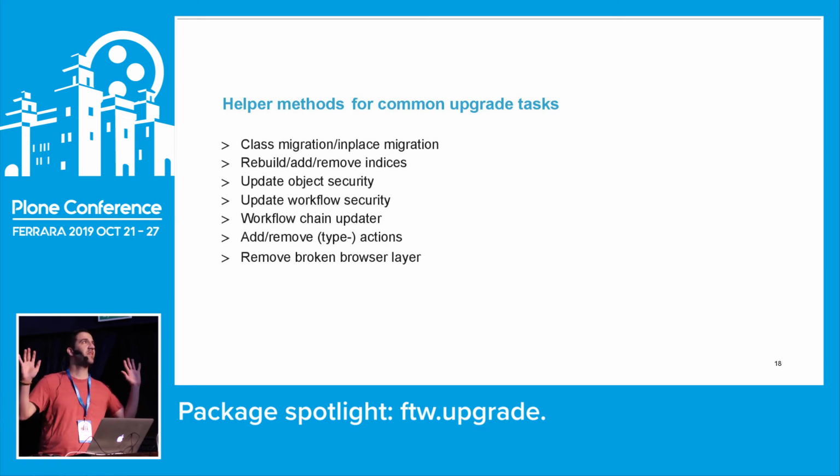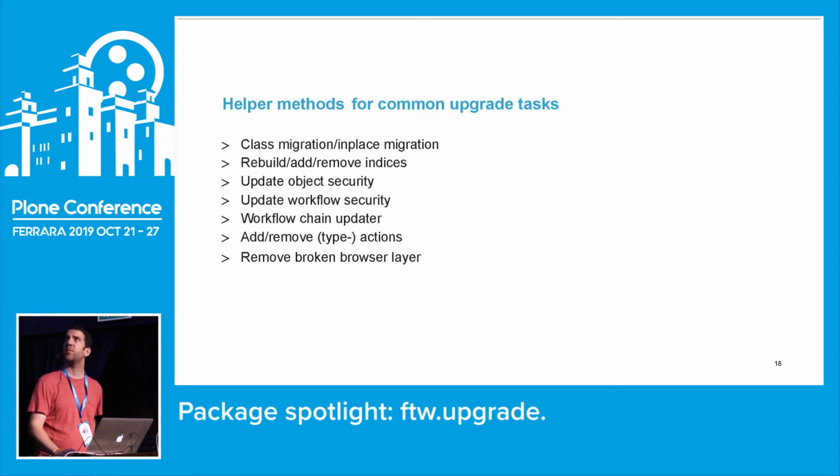If someone in here still needs to do a migration from Archetypes to Dexterity in the next 2 months, that may prove really useful for you. Then we have helpers to rebuild and add and remove catalog indices. We have helpers to update the object security of a single object, to update workflow security for all objects with a certain workflow.